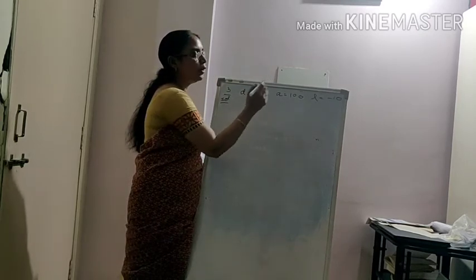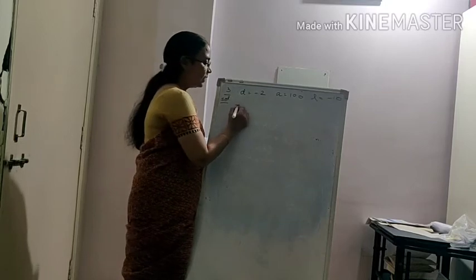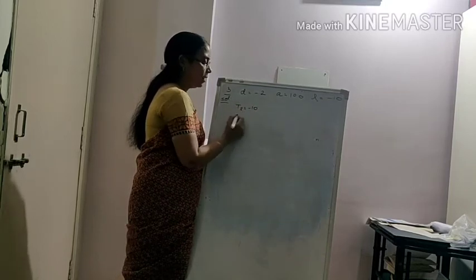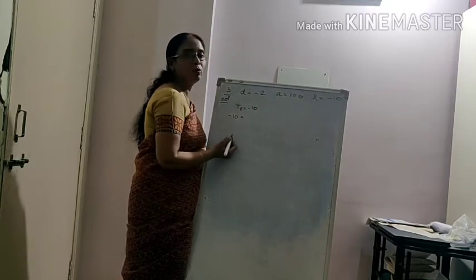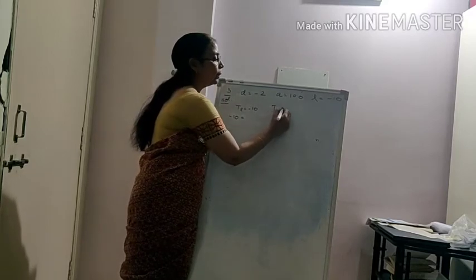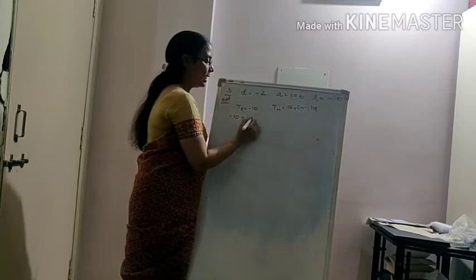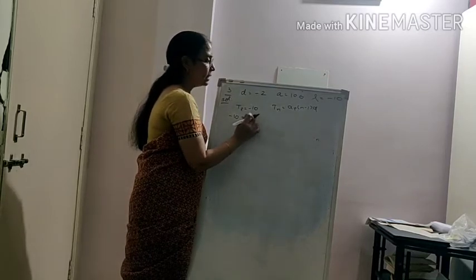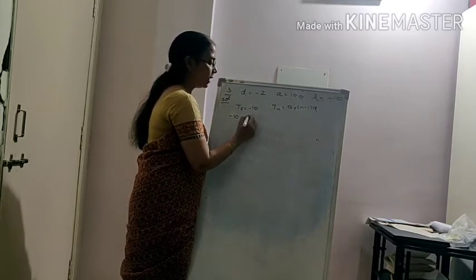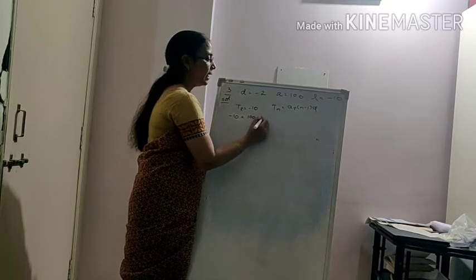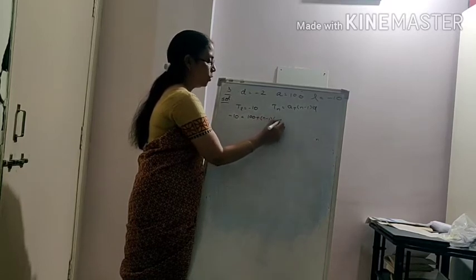To that we will make use of the last term. That is, we say tl is minus 10. So minus 10 is equal to, what is any general term? a plus n minus 1 into d. So minus 10 is equal to 100 plus n minus 1 into minus 2.